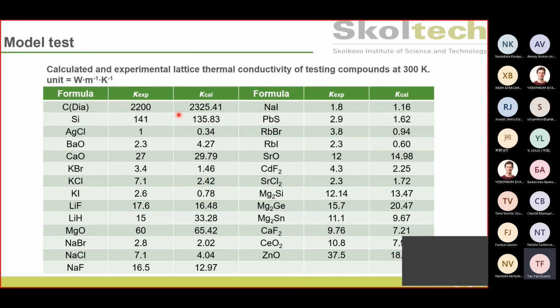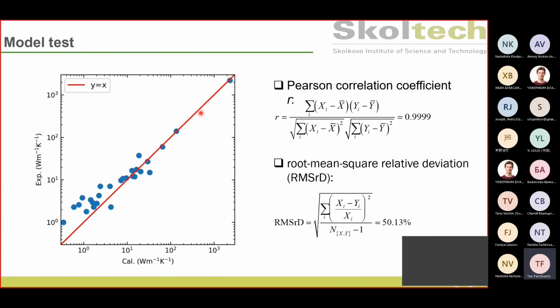Let's plot this data in a figure. I use two indexes to quantify the relationship between experiment and calculation. The first index is the Pearson correlation coefficient, which indicates the linear correlation between two variables. It is 0.9999, which means the calculation and the experiment have a very strong correlation.